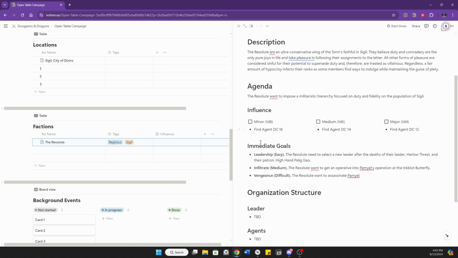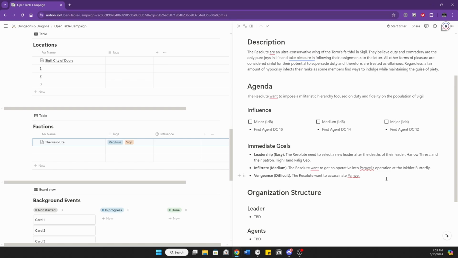Likewise, factions are of various sizes and have various levels of influence. I used to try to track how physically large, like numbers of membership that a faction might have, but one, that became cumbersome, and two, it really only roughly translated to anything that I would actually use in game.